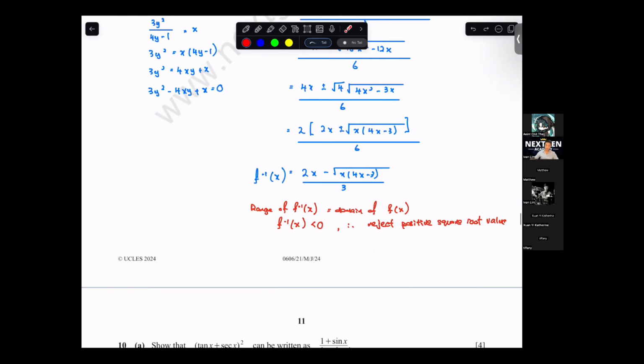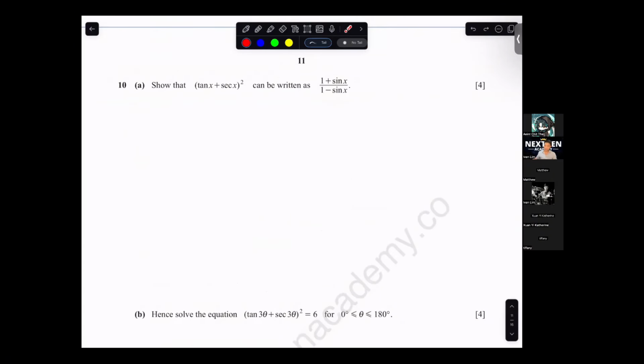Number 10. Trigo question. Show that (tangent x plus secant x) squared can be written as this equation here. So we open up this bracket first. This will be equal to tangent squared x plus 2 tangent x secant x plus secant squared x. Tangent squared can be written as sine squared over cos squared.